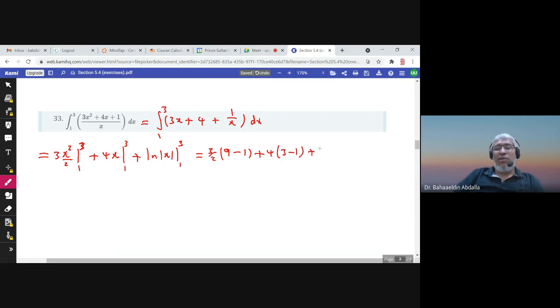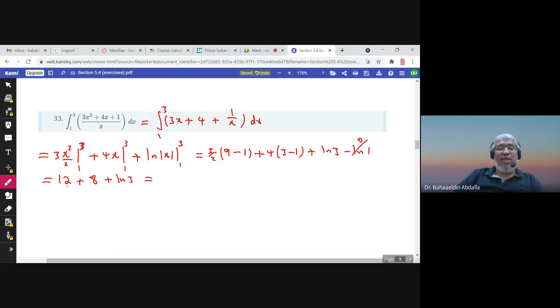And plus ln, replace x by 3, so ln 3 minus ln 1. Well, ln 1 is 0, you know that. So this would be 3 over 2 times 8, this is 12, plus 3 minus 1 is 2 times 4, this is 8, plus ln 3.